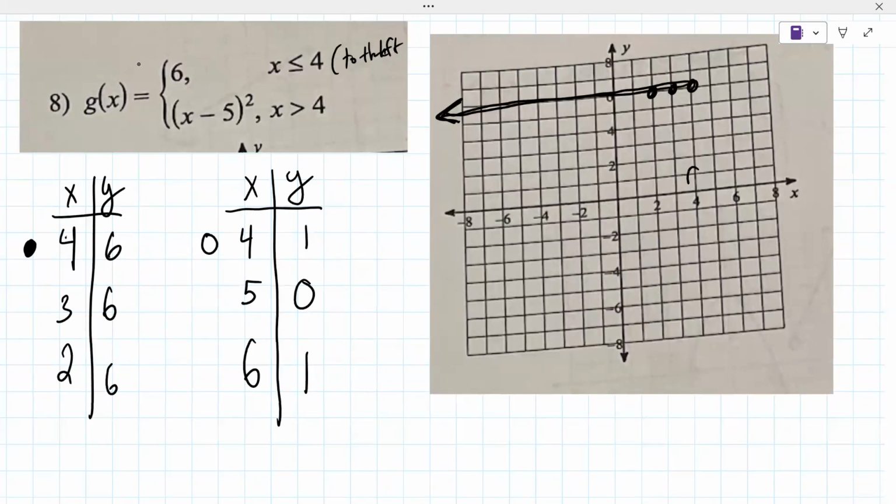All right, so it's 4, 1, open circle, 5, 0, and filled in 6, 1, and it's a parabola, so it's going to go up like that. Okay, there we go. Got it. You got this one down?